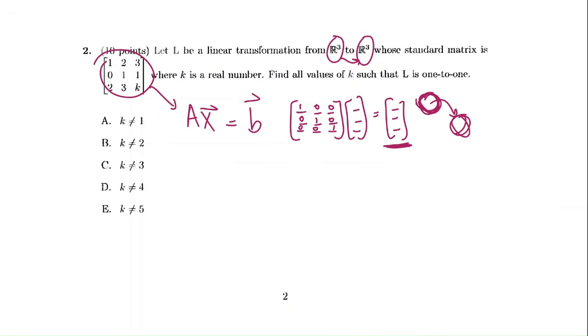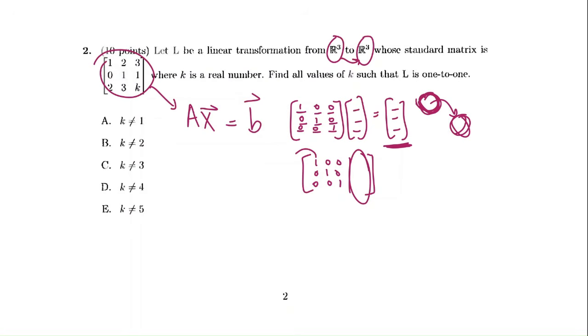So this is why, for example, when you're doing your row reduction, you want something like this, so that you always have a unique solution.